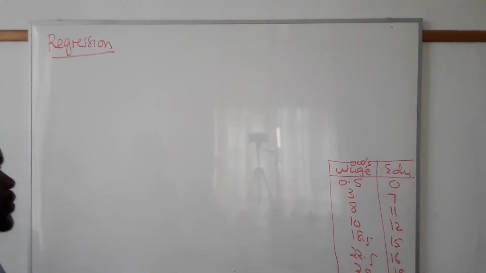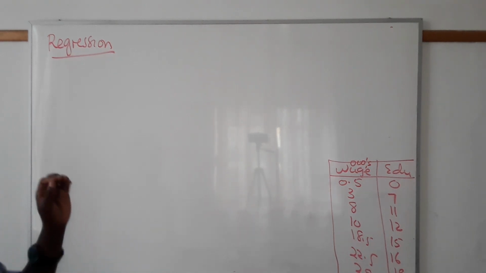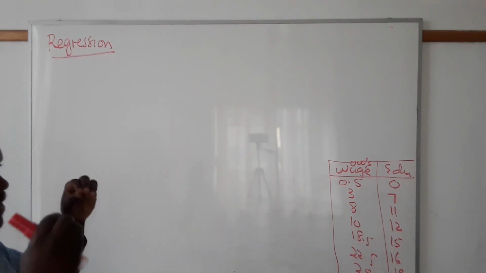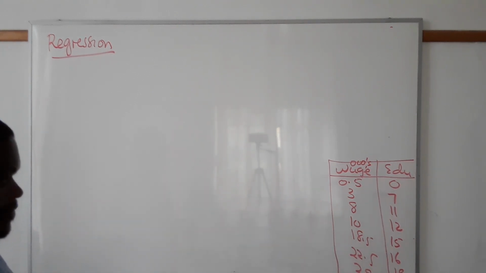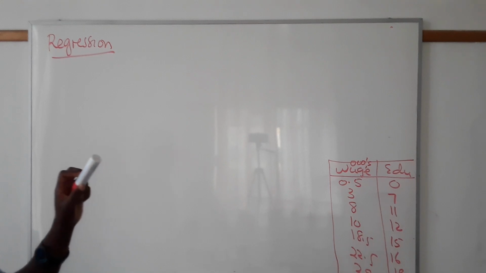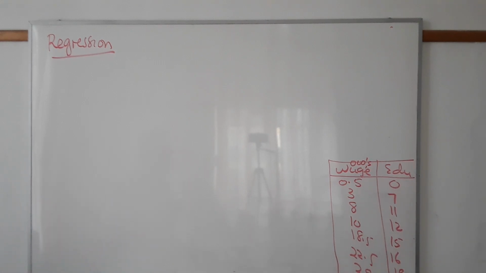Now, you want to fit a regression line to this data in such a way that the distance between these observations and the line throughout is minimized, because the distance between each observation and the line represents the predicted error.